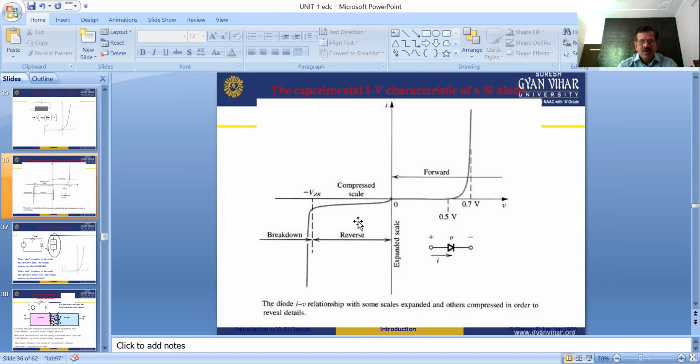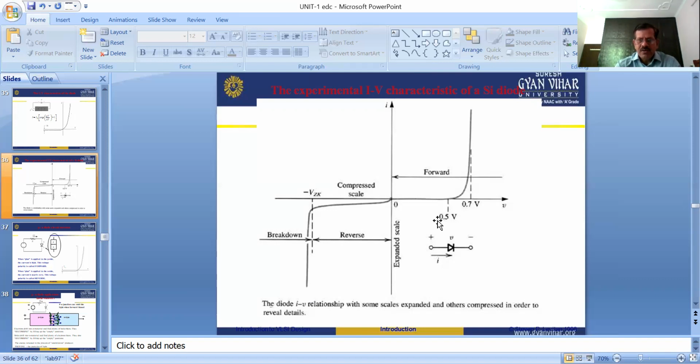That voltage is the breakdown voltage, and that current is the breakdown current. This phenomenon is called breakdown, where the current rapidly or suddenly increases with the voltage. This breakdown phenomenon occurs in the reverse bias condition of a PN junction diode.